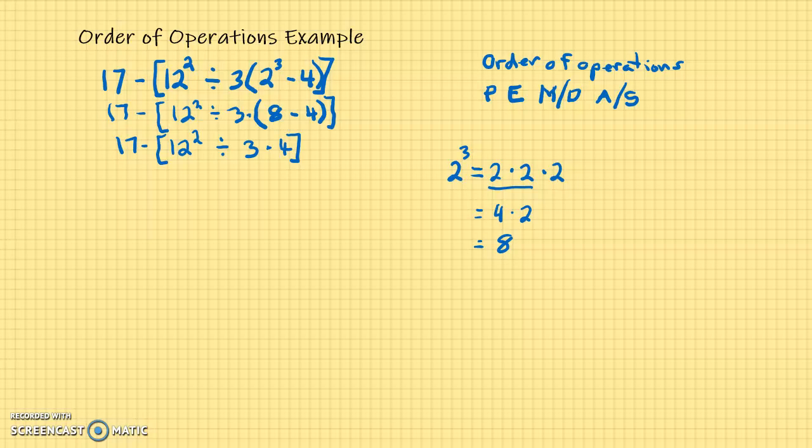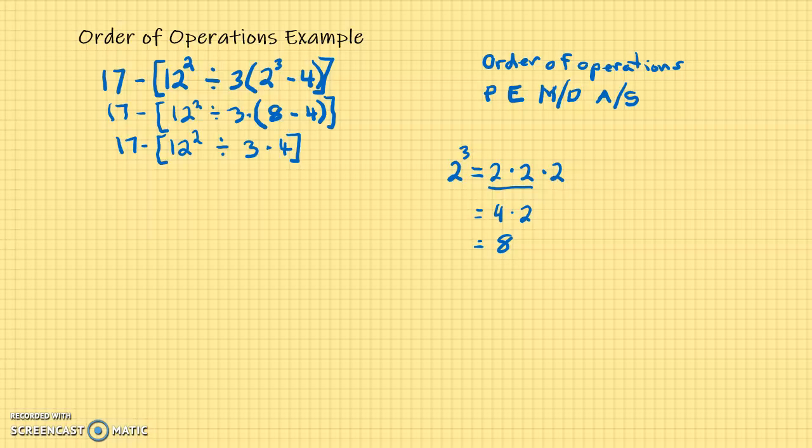So going from left to right, again, starting with the order of operations, we have parentheses. They're brackets, but they're basically parentheses. They're a sort of grouping symbol, just like parentheses. So inside we have 12 squared divided by 3 times 4. And the order of operations, so I go left to right, it says to do the exponent first.